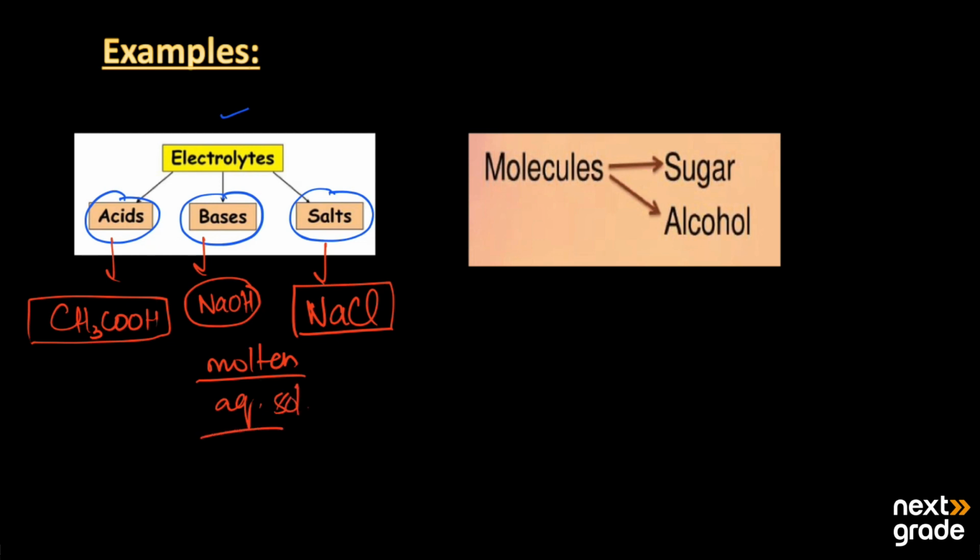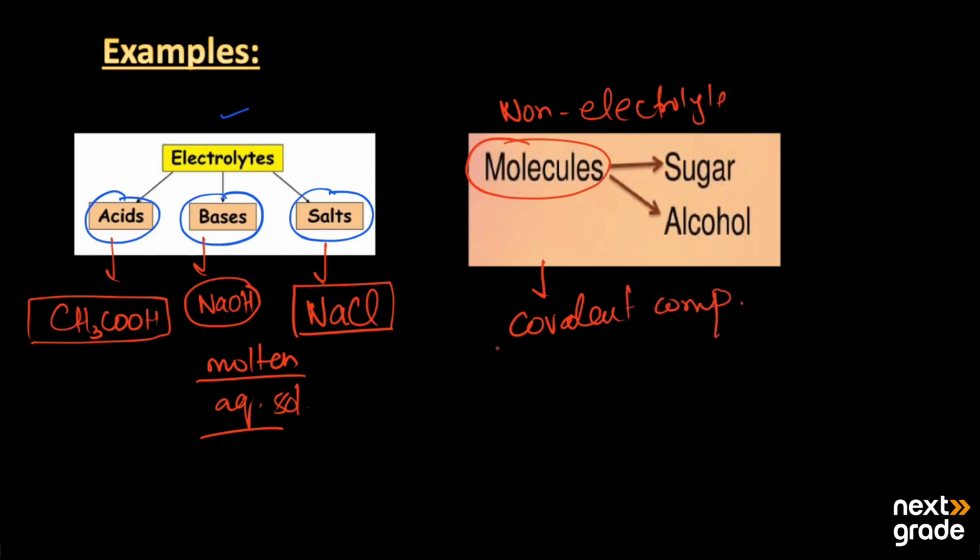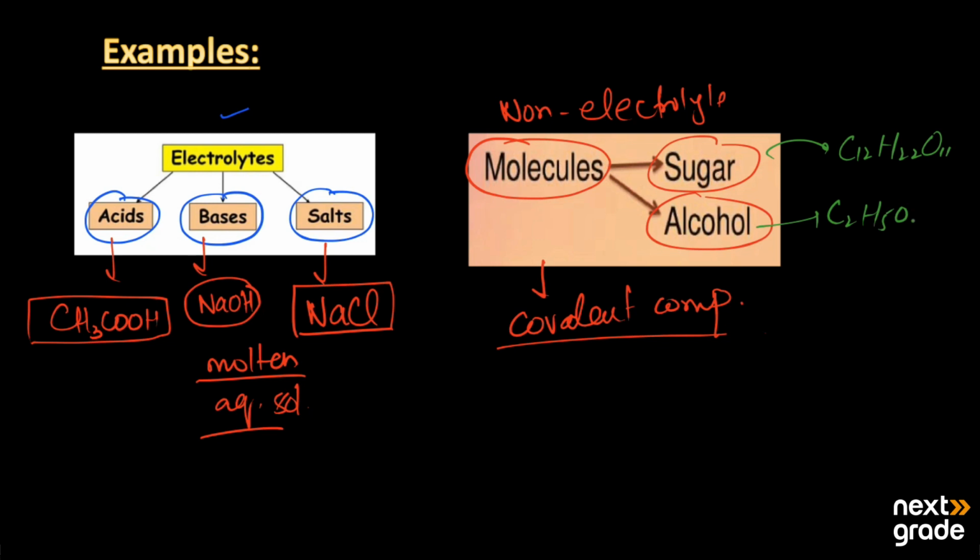On the other hand, when we talk about non-electrolytes, they are basically present in the form of molecules, and these compounds are basically covalent compounds. Their examples are sugar and alcohols. The formula of sugar is C12H22O11, and the alcohols are C2H5OH, which is the formula of ethanol.